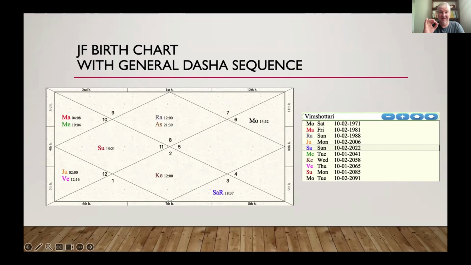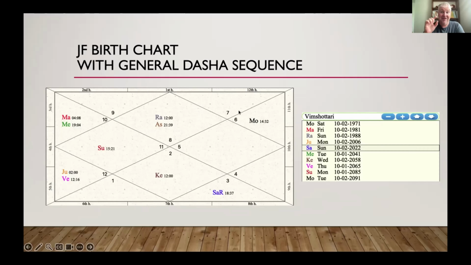So at the time of my birth, that was the ascending rashi, or the ascending constellation. Number 8 is the constellation of Scorpio. This is the first bhava, the second, the third, and you can see that it's returning here: 4th, 5th, 6th, 7th, 8th, 9th, 10th, 11th, and 12th.